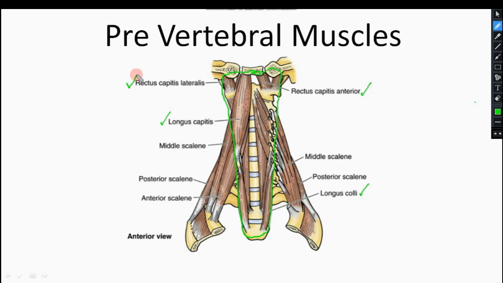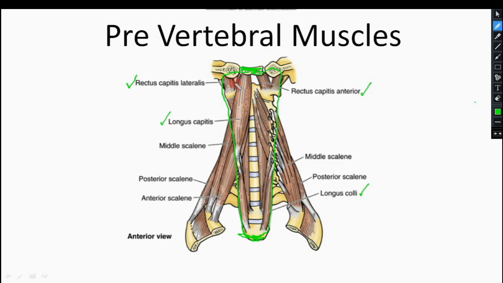They are weak flexors of head and neck, and they extend from the base of the skull to here, up to the superior mediastinum.